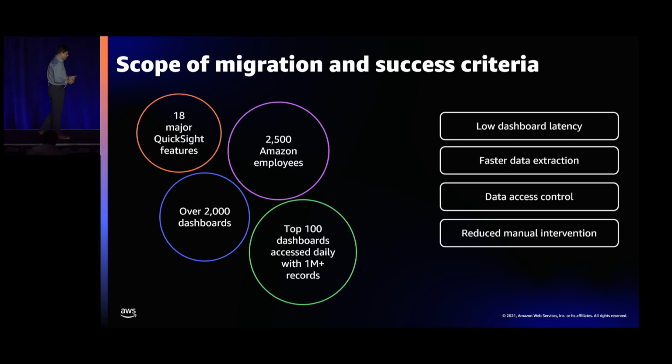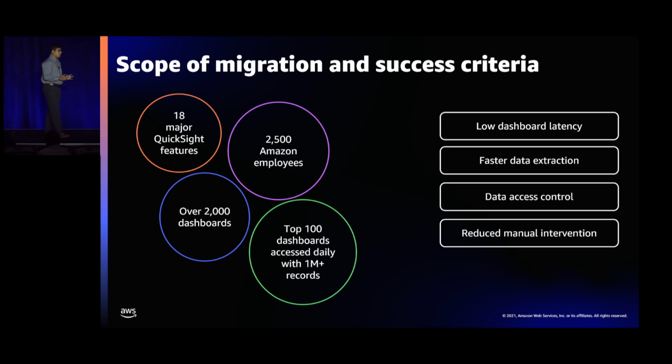Plus, we ran a similarity analysis. We tried to identify dashboards which have similar use cases and depend on similar data. We merged these dashboards. This refinement of scope reduced our scope from 10,000 to a little over 2,000 dashboards.